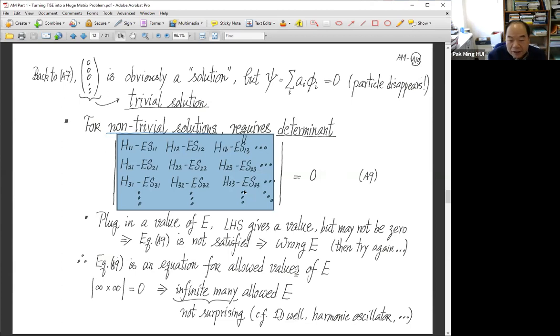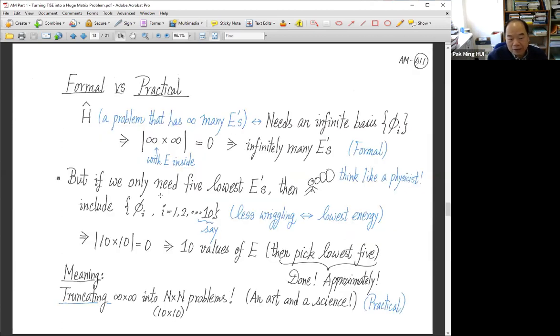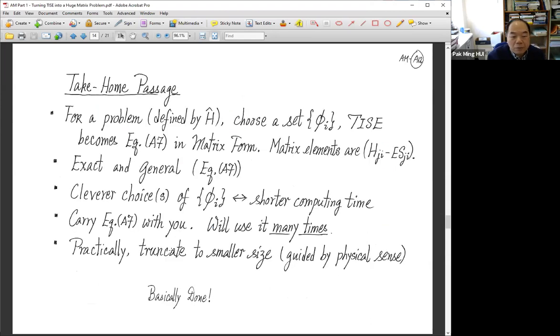Okay, so that is how things go practically. And this truncation has a lot to do with approximation methods later on in the second section. Okay, so truncating something is an art and a science. So, take-home message: we have turned the time-independent Schrodinger equation into a huge infinite by infinite matrix in principle.